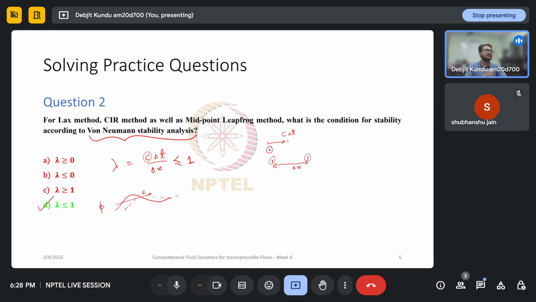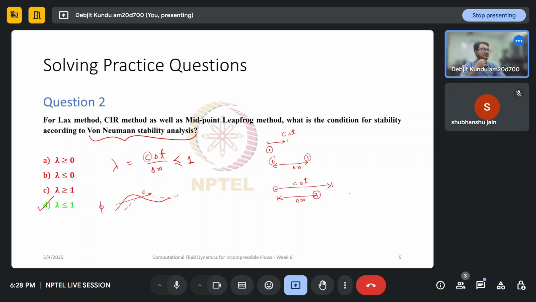But if your delta t is large enough, or delta x is small enough, keeping everything else the same, then this is your delta x, but your information travels more than that in one time step, this being c delta t. So this point couldn't even realize that some information has already crossed it.